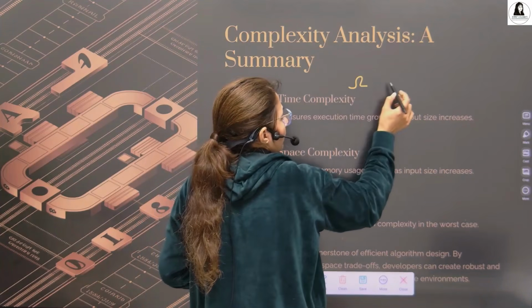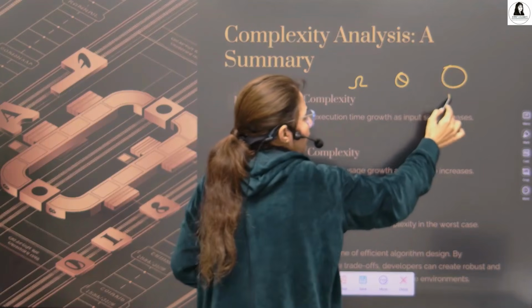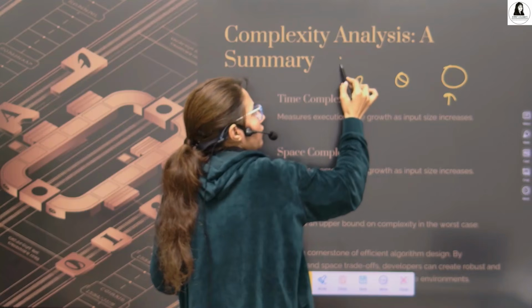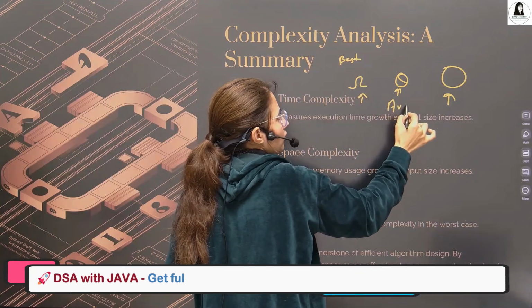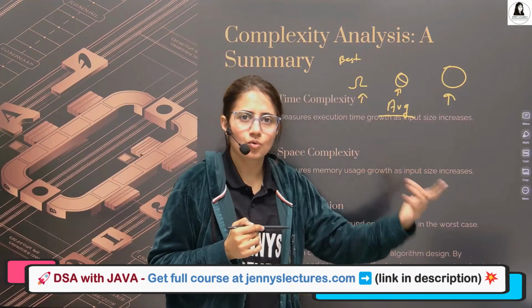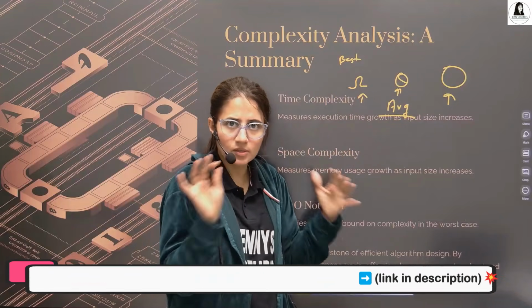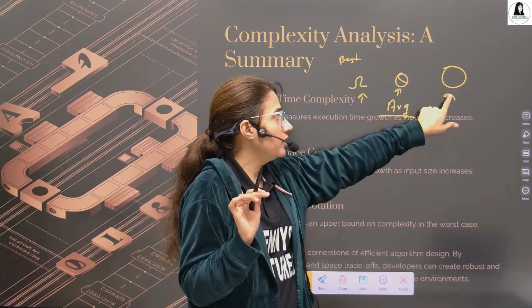So we have omega, theta, and big O. Big O notation indicates the worst case. With omega, we denote the best case, and with theta, we denote the average case. So these are asymptotic notations. But once we proceed in this course, you will get an idea of these terms better. For now, we just understand this: to indicate worst case complexity, we need big O notation.